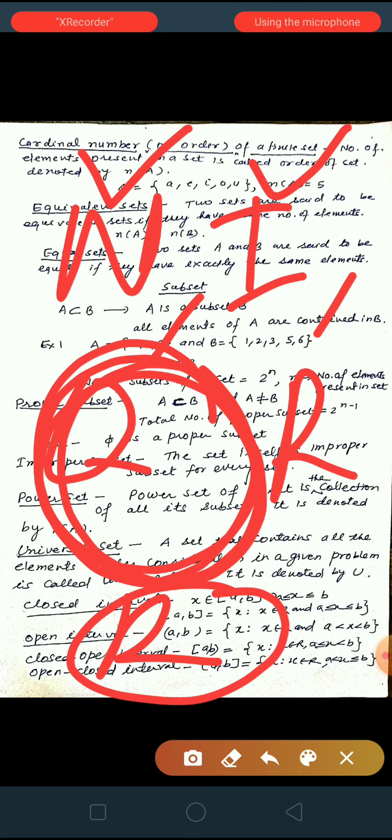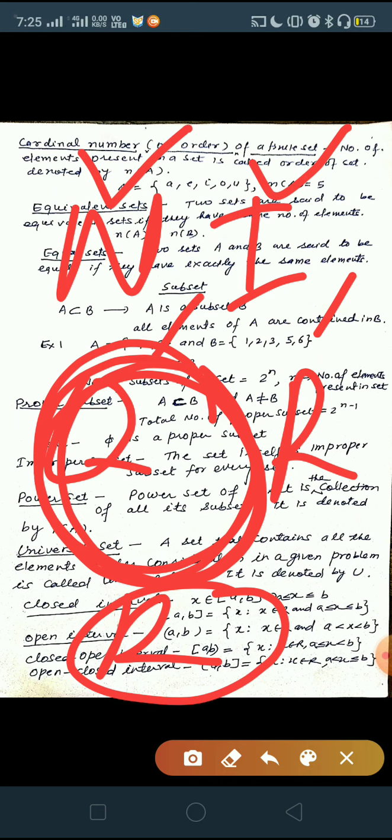If we talk about a state, then the state will be the universal set, and all the cities included in that particular state will be its elements.